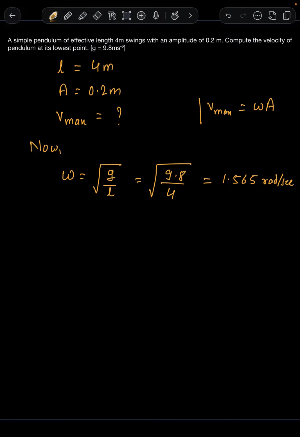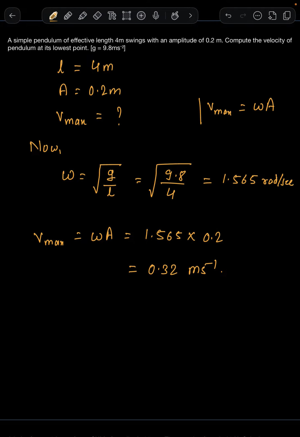And then maximum velocity can be obtained as omega a, that is 1.565 into 0.2. This is obtained as 0.32 meter per second. You can see the solution of the second question on the screen.